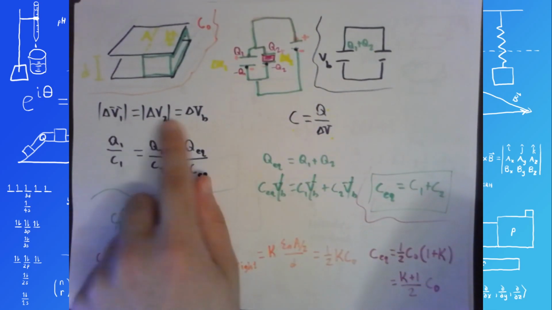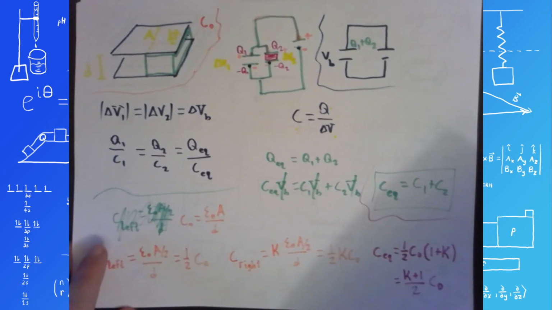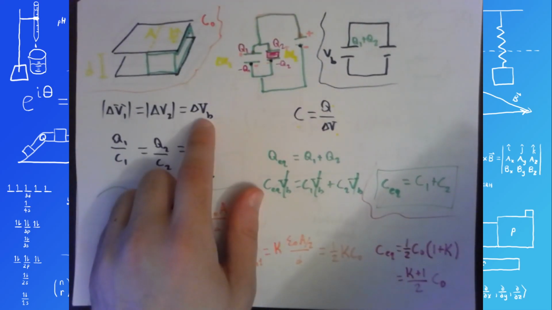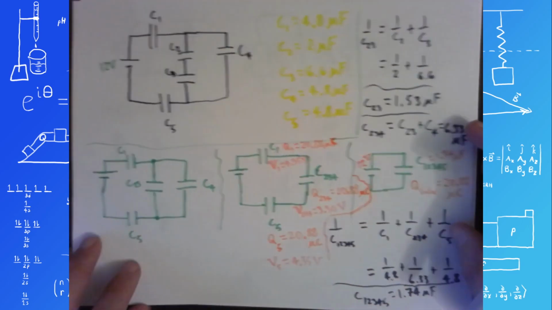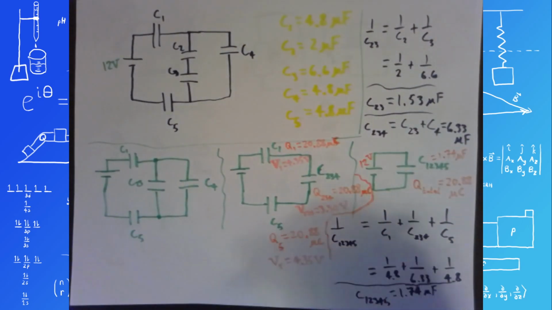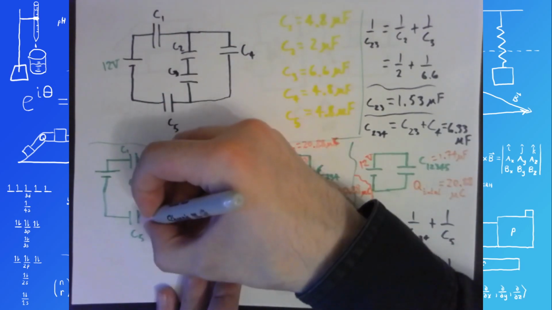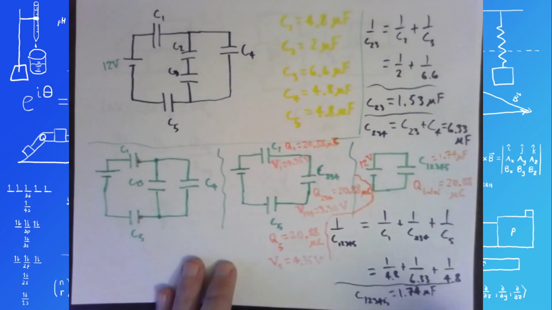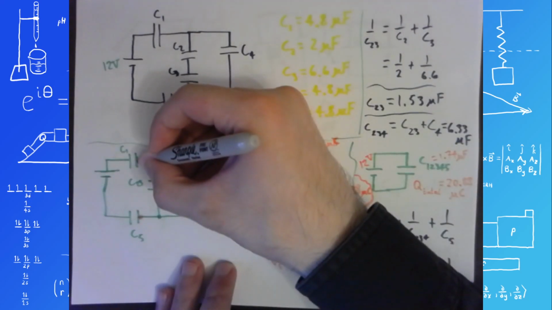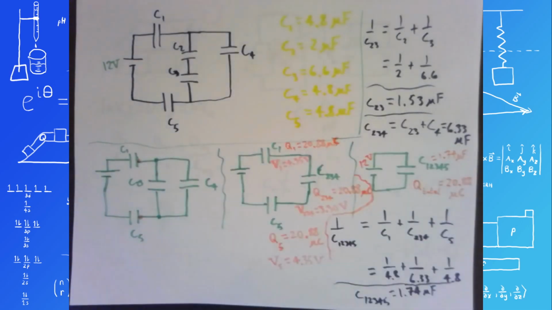Delta V1 equals delta V2 equals delta V, well, in this case it's not delta VB, it's delta V between the bottom of C1 and the top of C5. I'll use different colors.